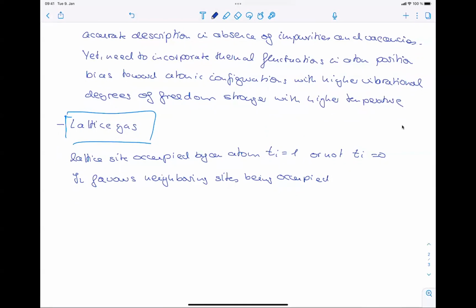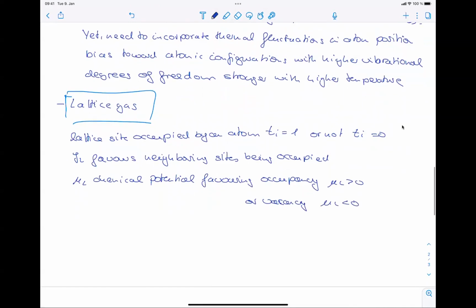And then I have a chemical potential that's favoring occupancies if it's positive, or vacancies if it's negative.